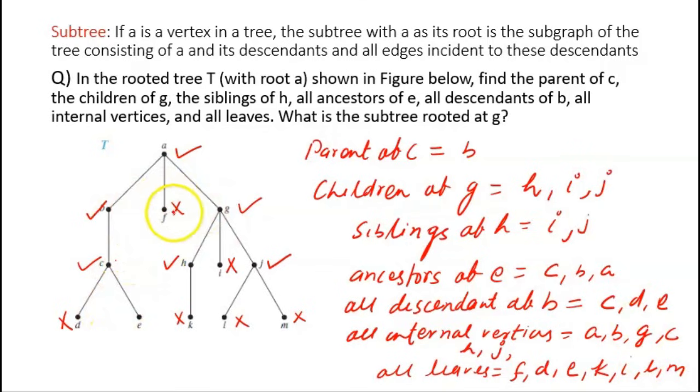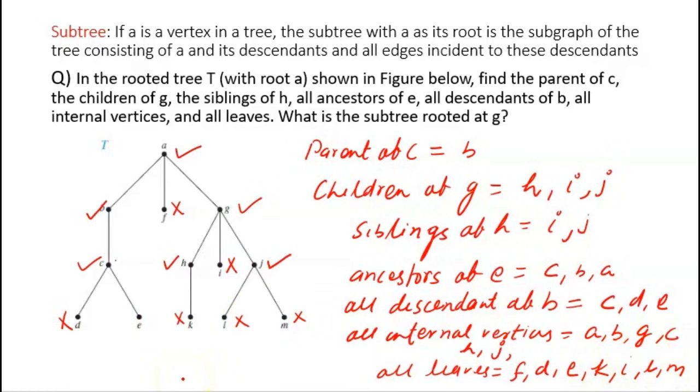Let us look at this again. F is a leaf at this level, and at this level I is a leaf, which I already have written. D and E are the leaves which I already wrote, and then K, L and M. So K, L and M, these are the leaves.